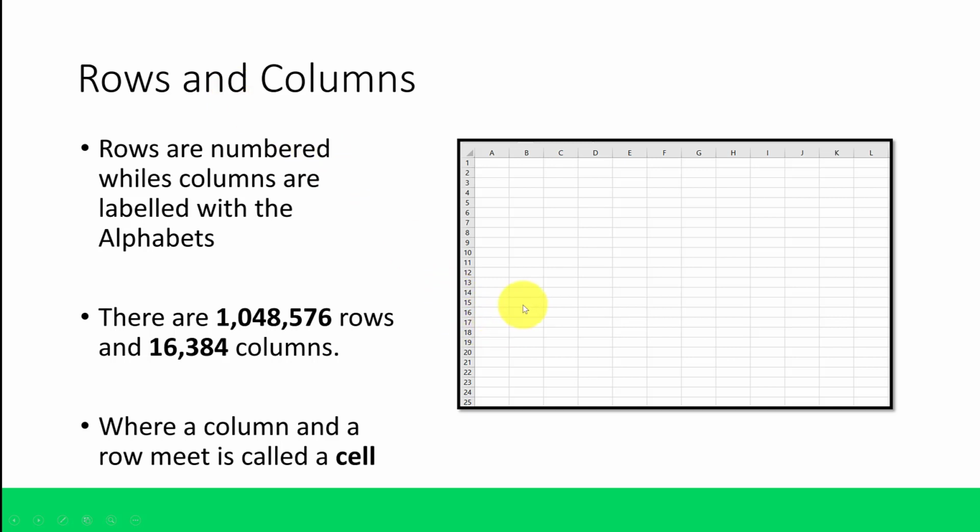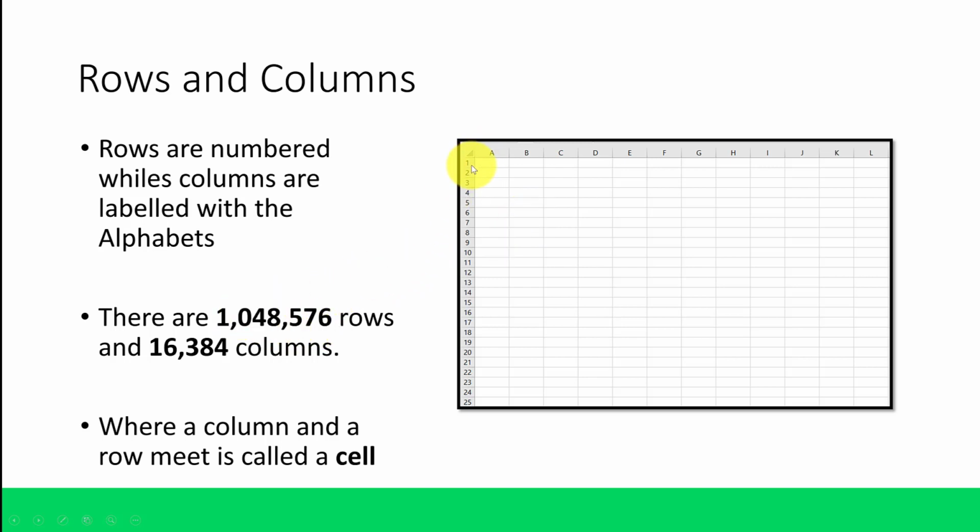Then we have rows and columns. I mentioned that the columns go vertically whilst the rows go horizontally. So the columns are labeled with alphabet and the rows are labeled with numbers. Where a column and a row meet, we call it a cell.